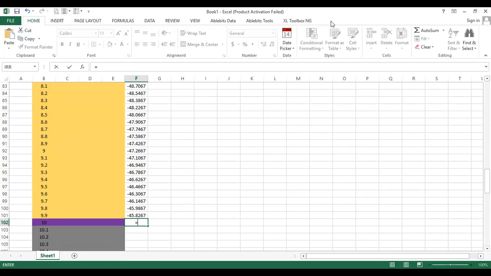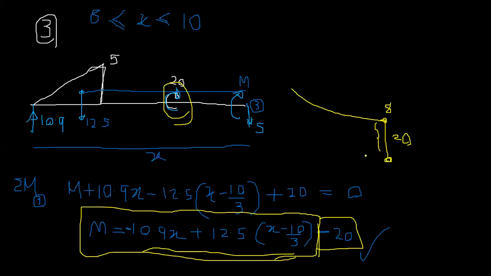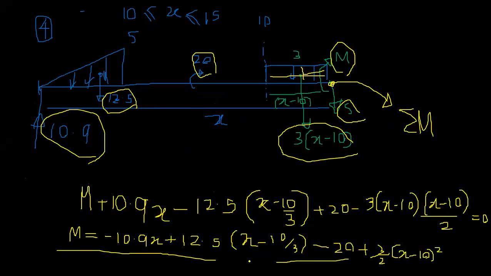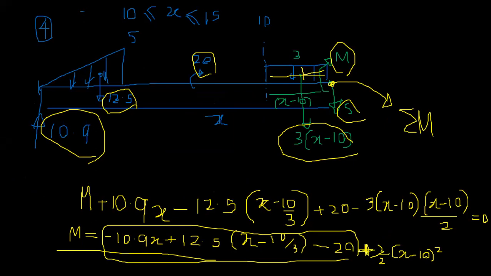At 10, this is the equation, and this part is going to be the same. For that part, you add 1.5 into x minus 10 to the power 2, right?